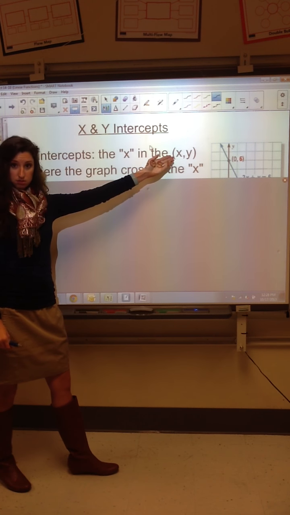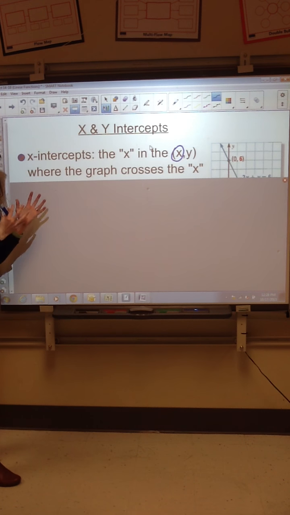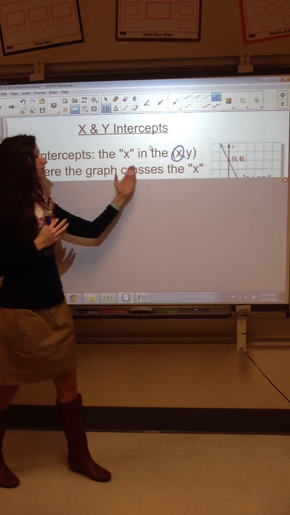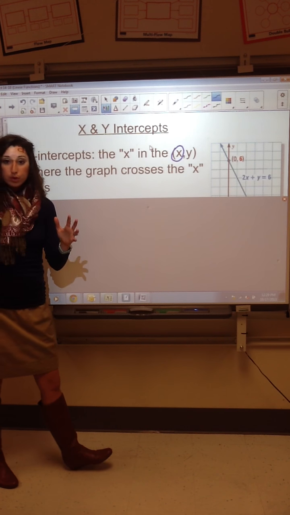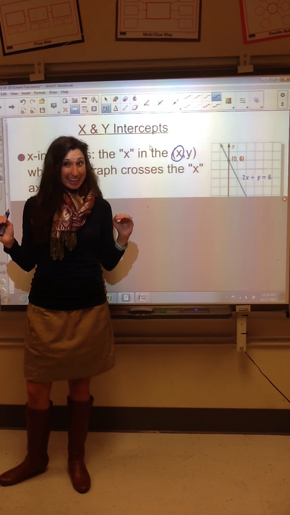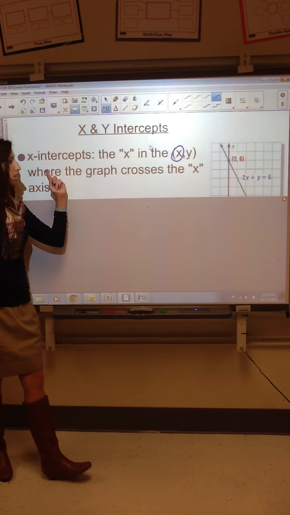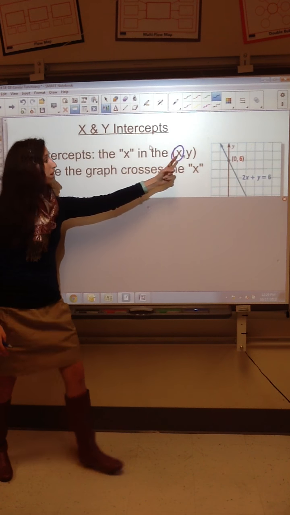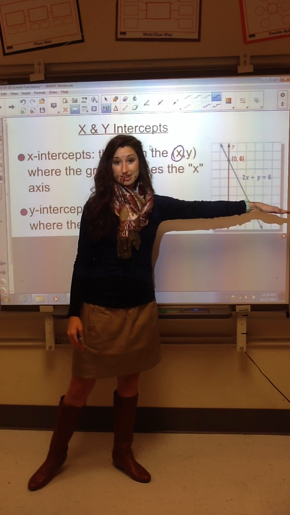X-intercept is the x of the coordinate where the graph crosses the x-axis. Hopefully you guys remember, and show me with your arms, even though it's a video. Which direction does the x-axis go? Okay, so the x-intercept is the x part when the graph touches the x-axis.